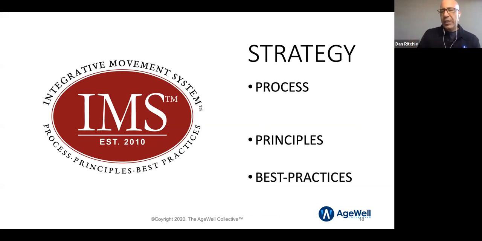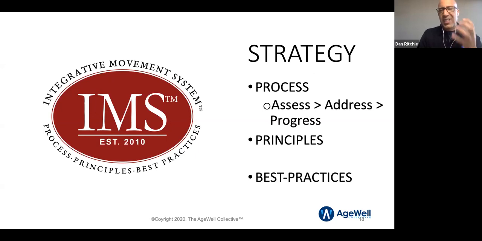It's a very strategic process where you assess your client, where you address your client, and you help them progress. And one of the biggest changes in my career for the last year to 2 years is now I'm 100% clear and 100% confident and have clarity in my process, the integrative movement system. So I'm going to share that process with you here.